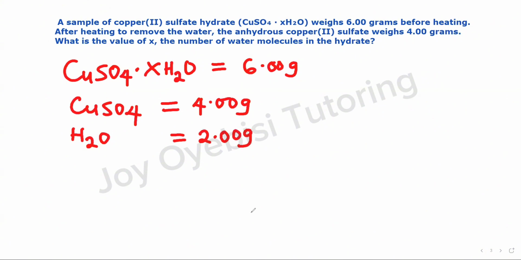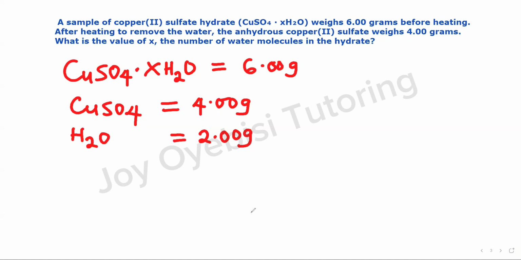Okay, because if the total weighs 6 grams and when water is removed it remains 4 grams, it means that the mass of water is the change between the total and what remains.